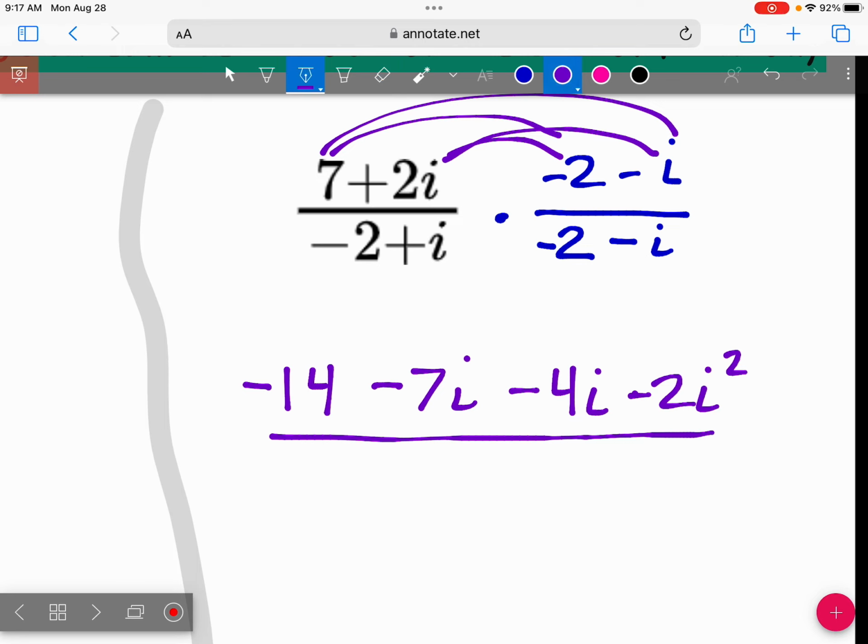What's in our denominator? -2 times -2 is +4 and minus i squared.